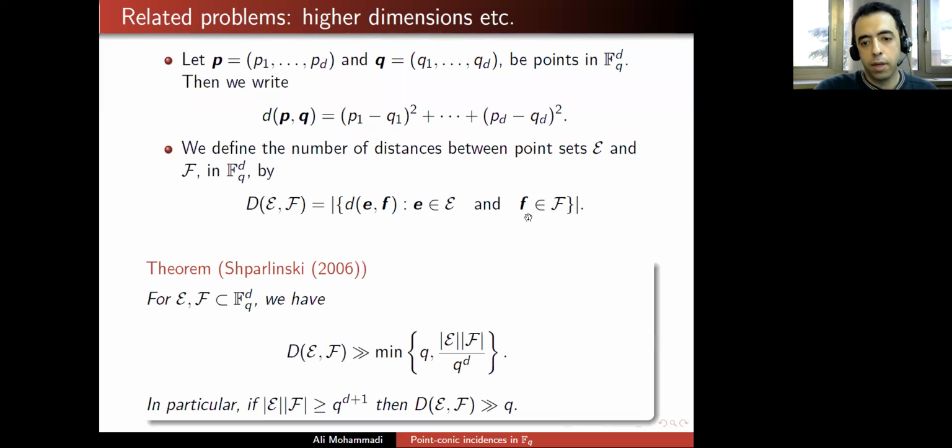Shparlinski and Igor proved a lower bound using character sums: if the product of E and F is larger than q to the d plus 1, then the distance set fills up the whole space, all of F_q. So, for example, if you take d to be 2, over the plane, and E and F being the same, this gives 3 on 2.